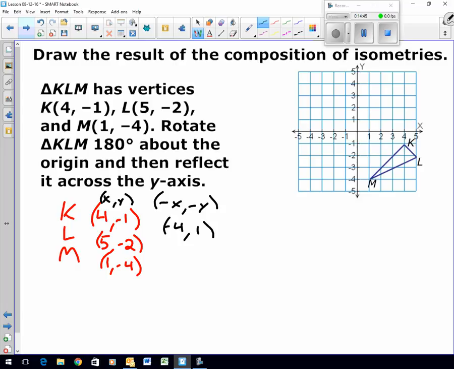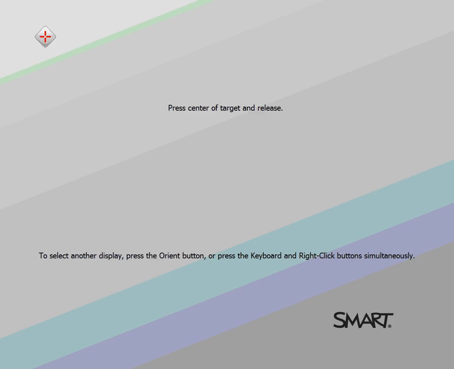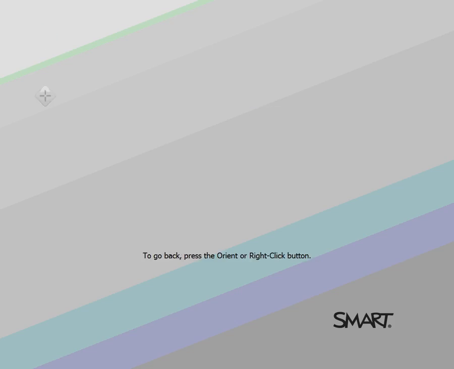If L starts at (5, -2), it goes to (-5, 2). And M starts at (1, -4), it goes to (-1, 4). You see how I did that? K is going to end up at (-4, 1).